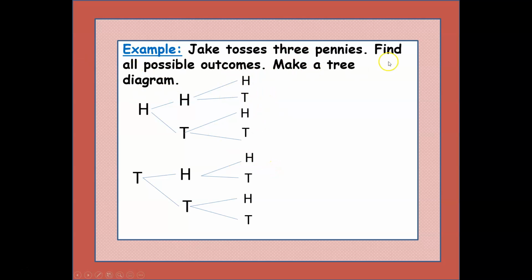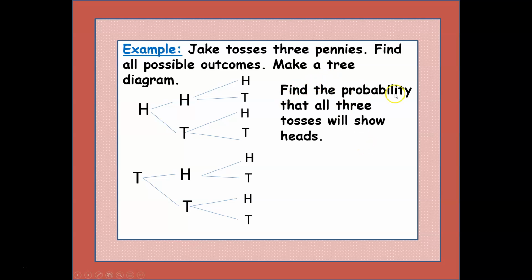So now we have all of our possible outcomes. So now we can count how many possible outcomes we have. We have 1, 2, 3, 4, 5, 6, 7, 8 possible outcomes that Jake could get from tossing 3 pennies. So find the probability of all 3 tosses will show heads.